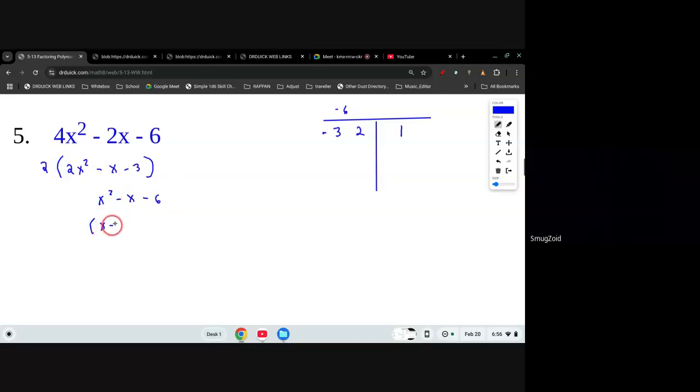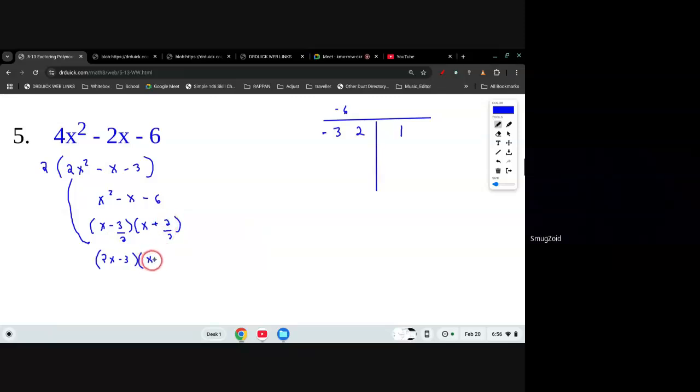X minus 3 times x plus 2, right? Now we're going to take this 2 and put him back in. So this goes off our top of this. This goes off our top of this. So it ends up becoming 2x minus 3 times, this just becomes a 1.